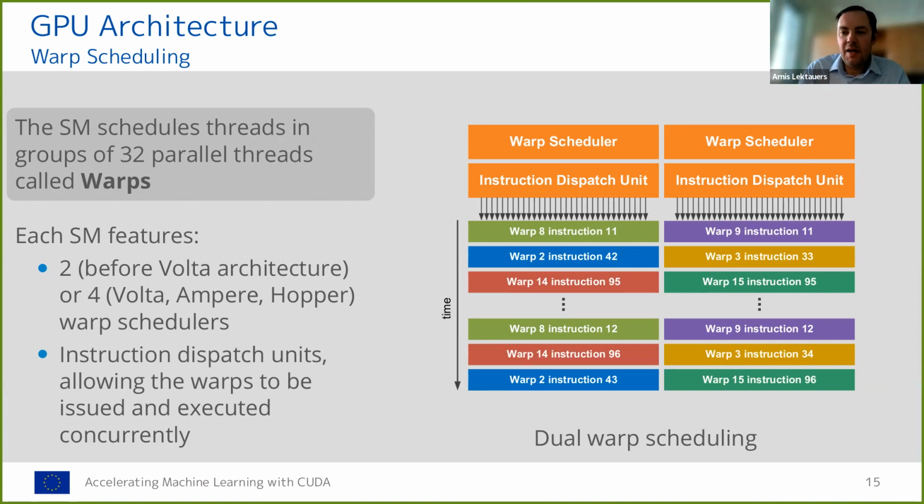And that means that practically, not technically and physically, threads are not always executed in parallel, because threads within one warp are executed more or less synchronously. But from a higher level development point of view, of course, we can think that everything is executed strictly in parallel.